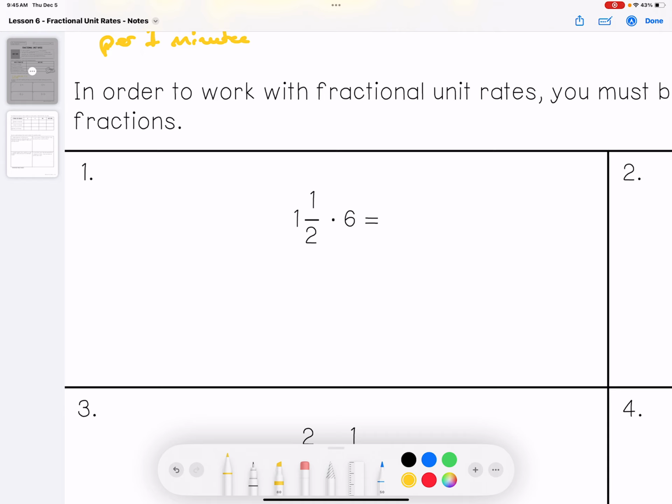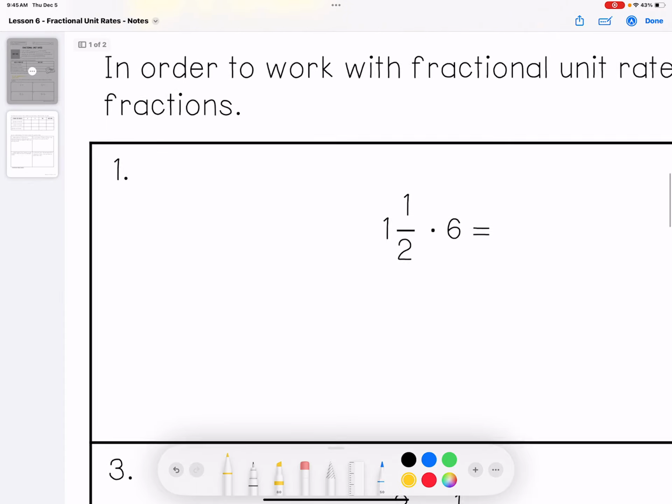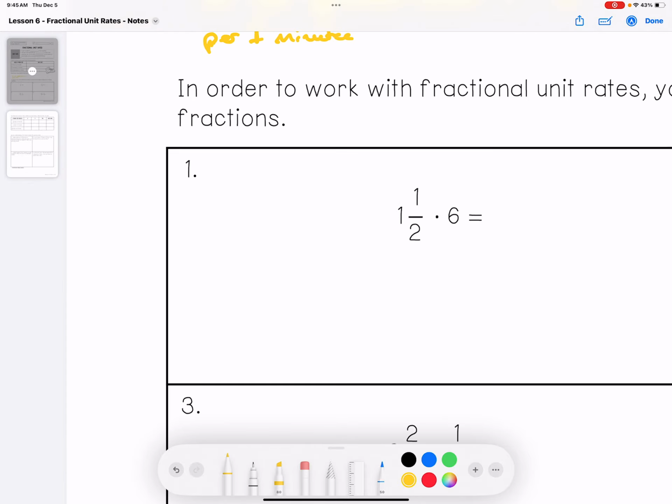All right, I'm going to go ahead and start working it out. We have 1 1/2 times 6. I'm going to convert that to an improper fraction. That's 2 times 1 plus the 1 on top is 3/2 times 6. Anytime we multiply a fraction, we got to make them over 1. Then I just multiply across.